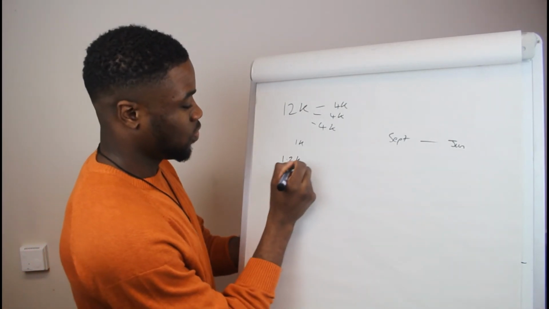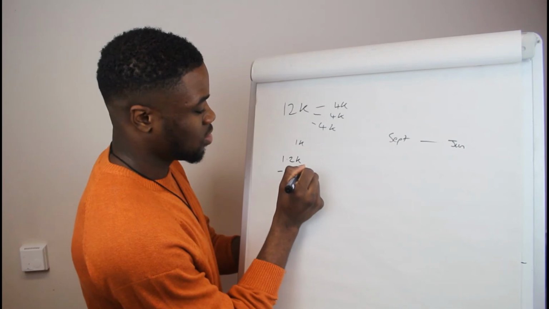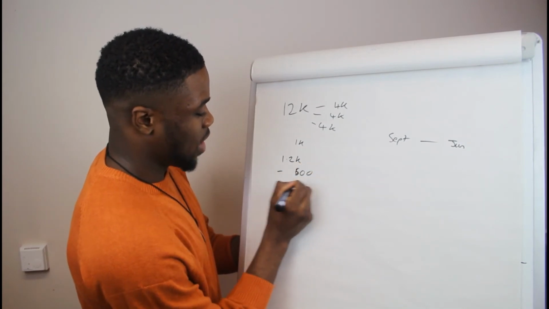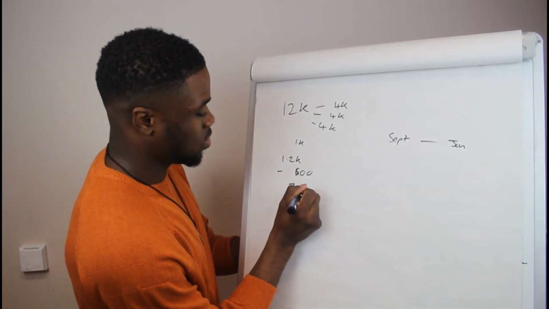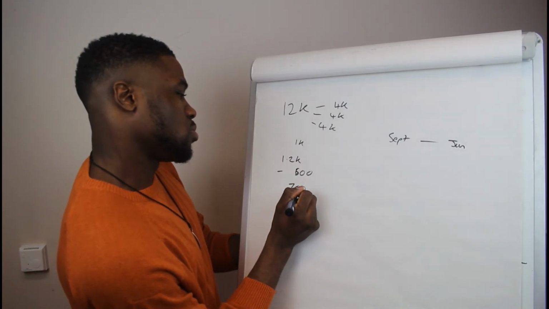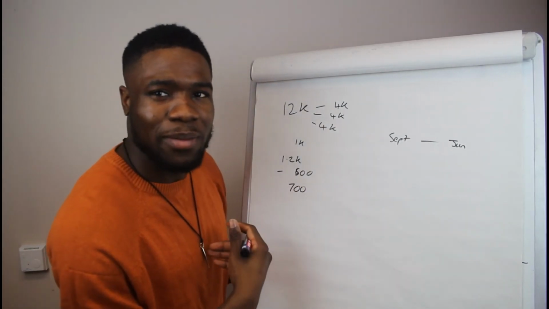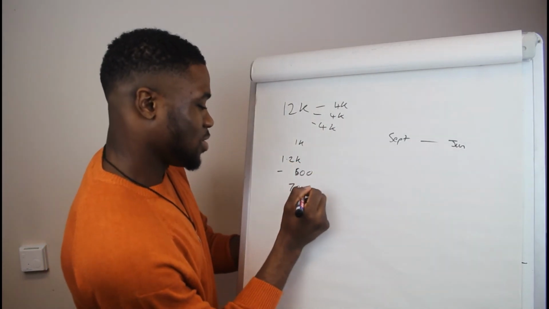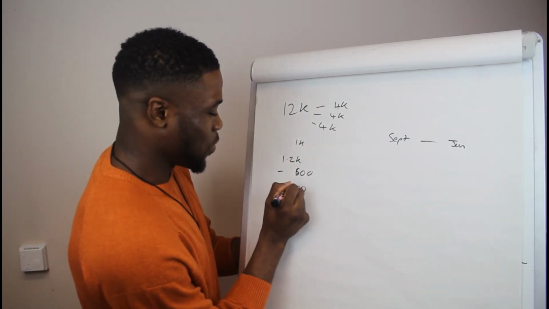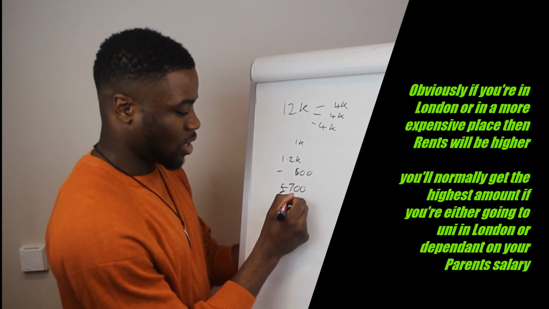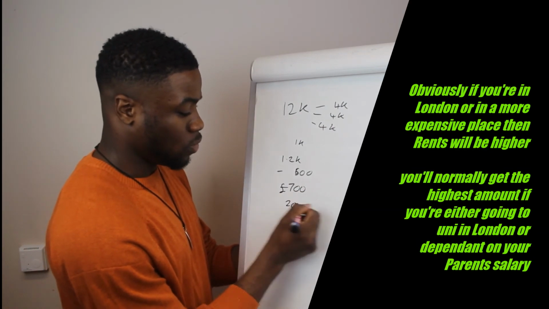If you take out rent, which is, let's say, 500, you have £700. Yeah, £700. I doubted my maths. £700 to work with. Then now let's say you take £200 in food.